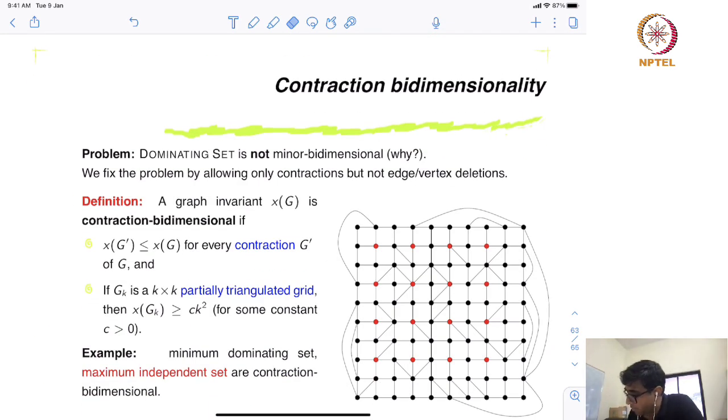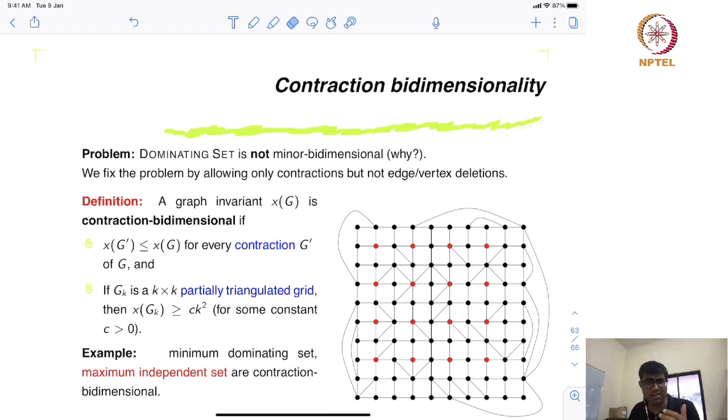And for maximum independent set, again, you look at the vertices so that the neighborhoods are disjoint, then that is a lower bound on the solution size. So these problems which are closed under contraction, in the sense that the solution size does not increase when we take the contraction, and the solution is quadratic on the partially triangulated grid, are called contraction bidimensional.